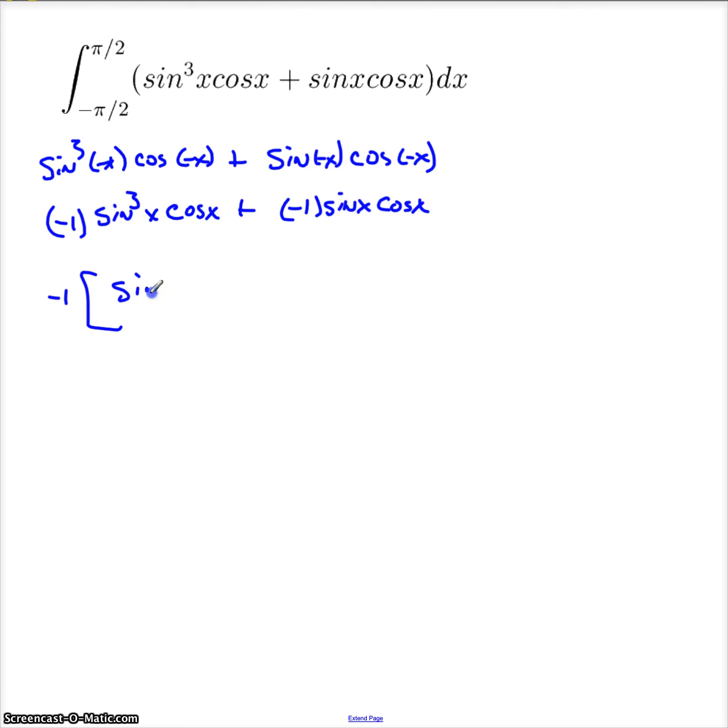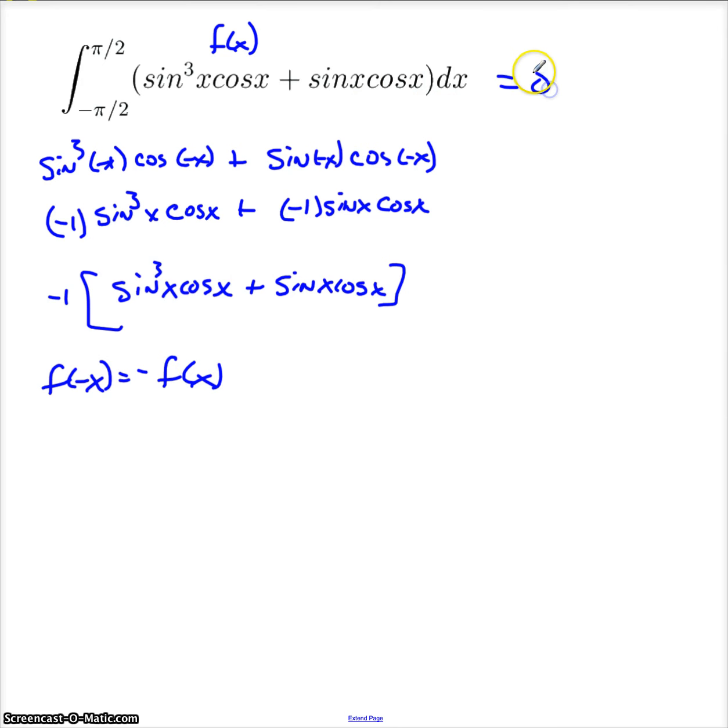So this is sine cubed x cosine x plus sine x cosine x. Now if this is f, then f of negative x is minus f of x. It's odd. Therefore, this integral equals 0. Boom, we're done.